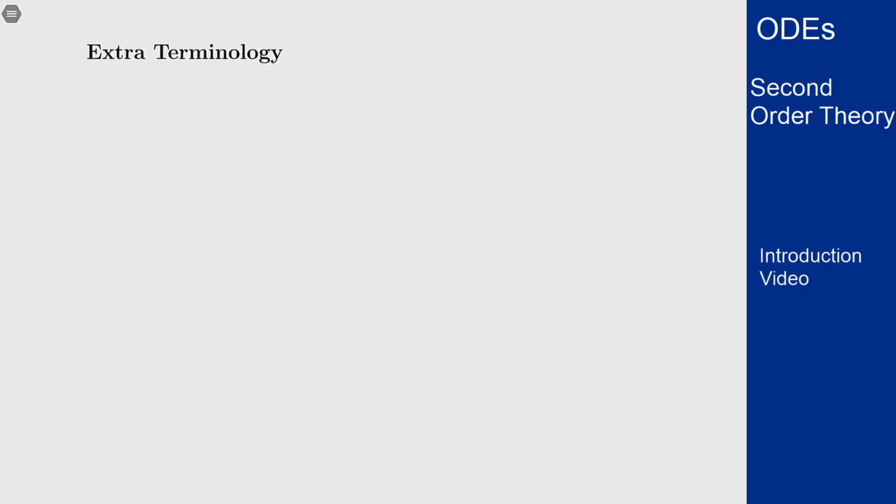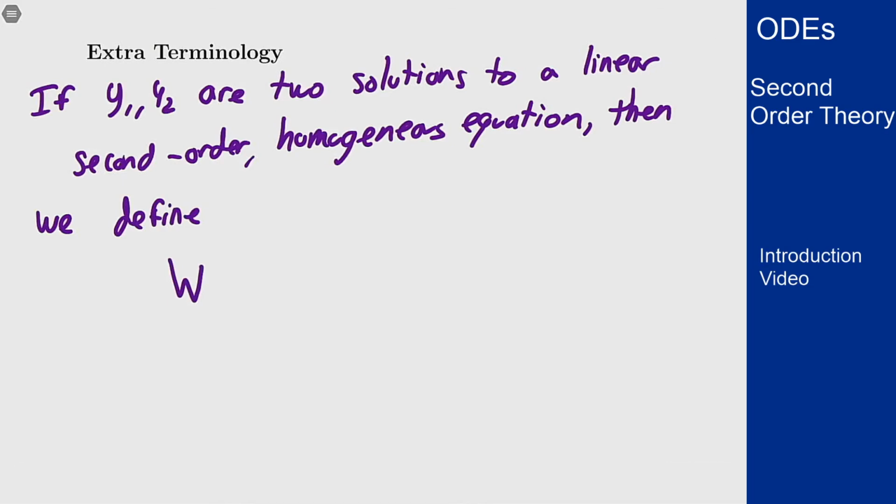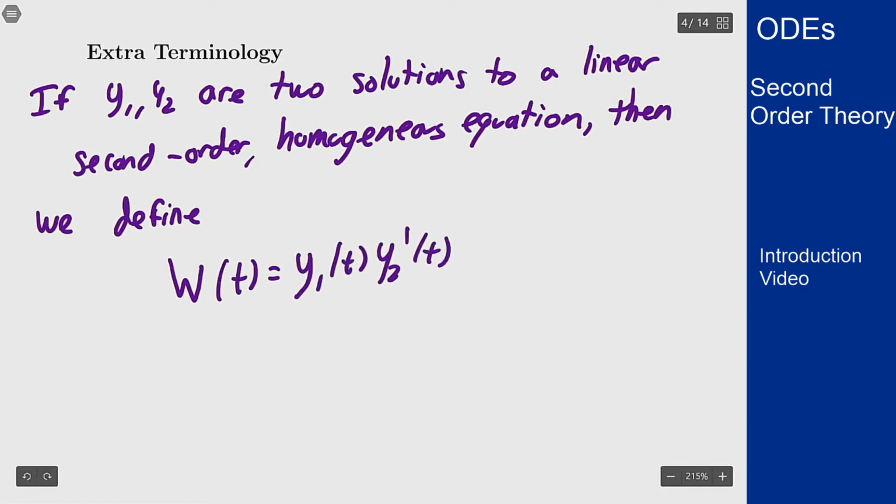If I have two solutions, y1 and y2, to a linear second-order homogeneous equation, then we define this function W. This is a more theoretical idea, but we'll state it here anyway. W as a function of t is y1 of t times y2 prime of t minus y1 prime of t times y2 of t.